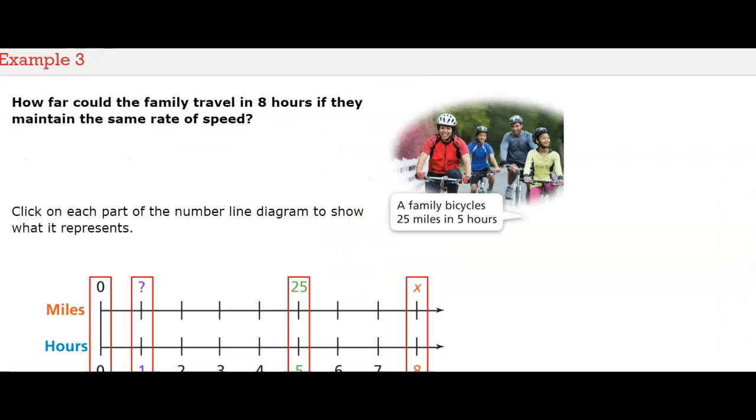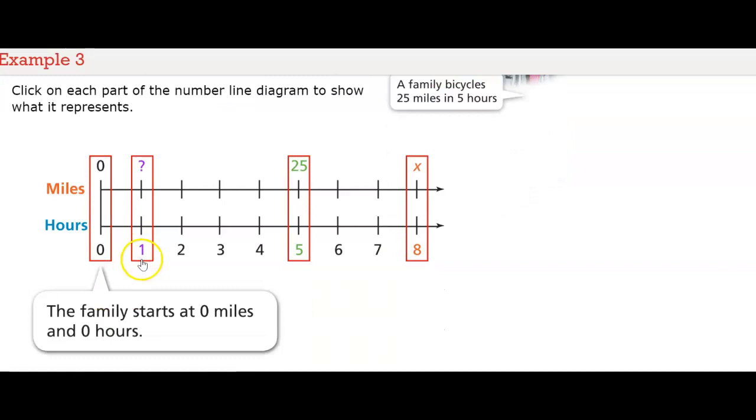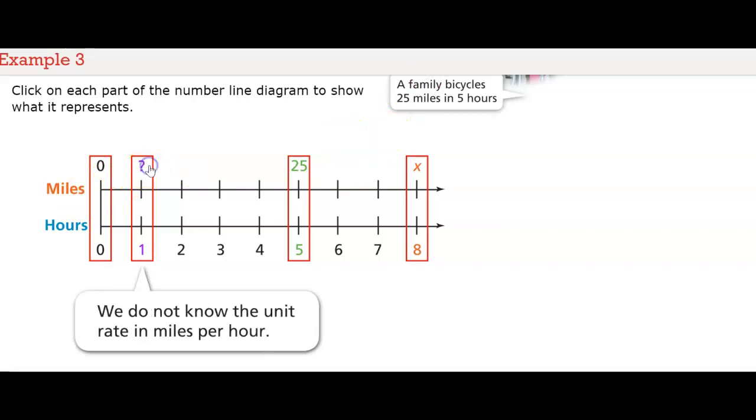How far could the family travel in 8 hours if they maintain the same rate of speed? So we have miles. The family starts at 0 for both miles and hours. We want to know for the unit rate how many miles they'll travel in 1 hour.